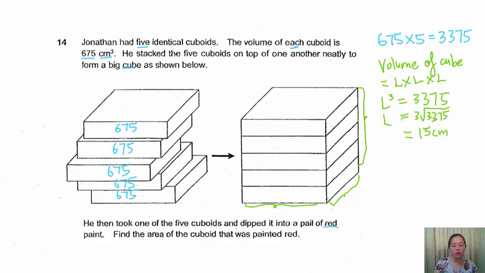So now that we know this is 15, this is 15, and this is 15, we can now find the area of the cuboid. To understand the area of the cuboid, the part that is painted red, let me just explain how. For example, let's use the first piece.